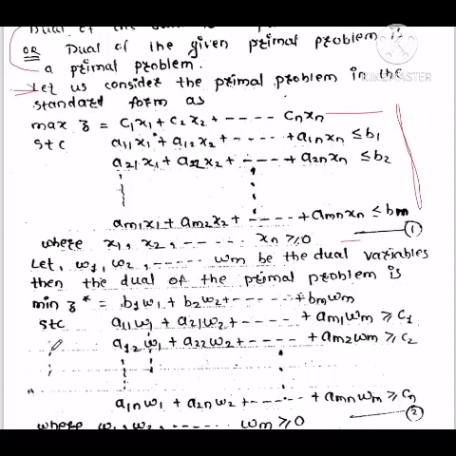Subject to the constraints, each column becomes a row, that is, a11 w1 plus a21 w2 plus and so on plus am1 wm greater than or equal to c1, because the conversion is to minimization, so the sign changes. For the second constraint, the second column becomes a row: a12 w1 plus a22 w2 plus and so on plus am2 wm greater than or equal to c2.